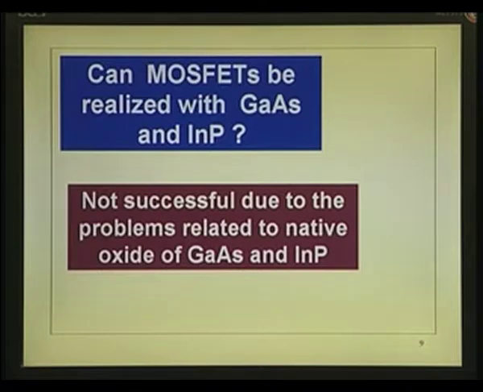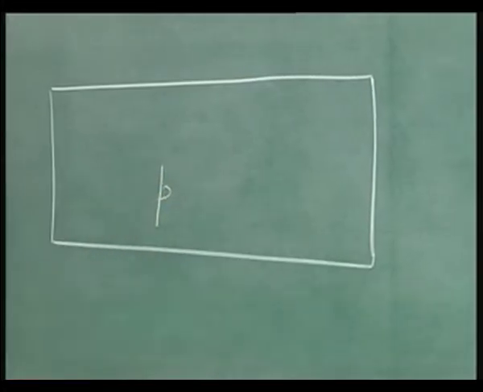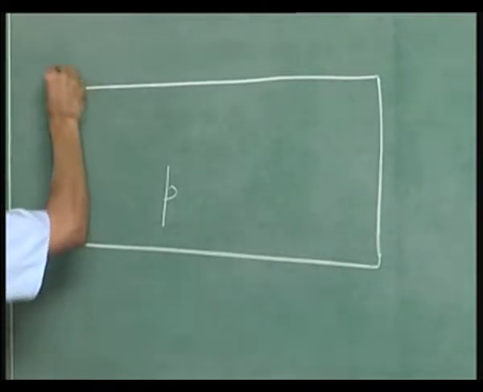Now, the success story with silicon is you have been able to get the oxide using native oxide. Why I want to bring it out is you will have a p-type material, and then you can see everywhere you have got these.